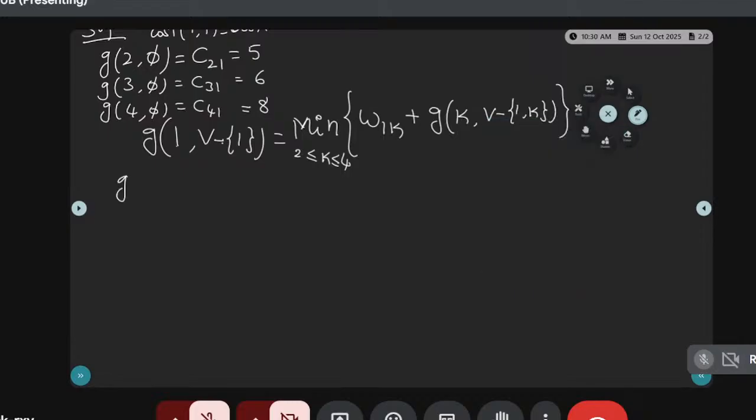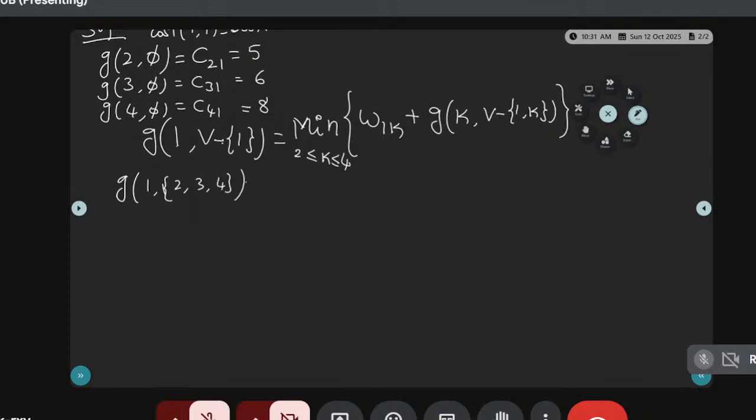Then 1 comma, what is v here? So apply now the formula according to your problem statement. Your problem contains how many nodes? 4 nodes. So this is a formula. Here we can write v minus 1 in the sense leftover 2 comma 3 comma 4.